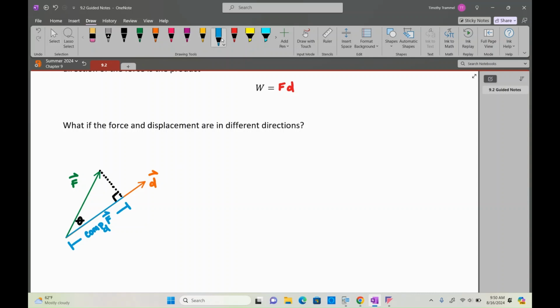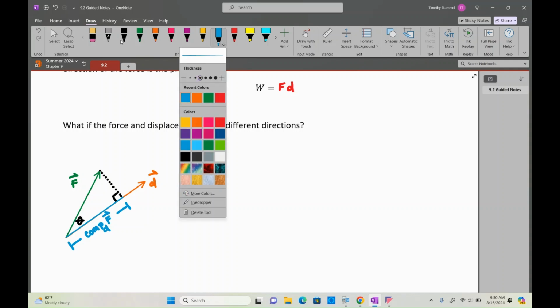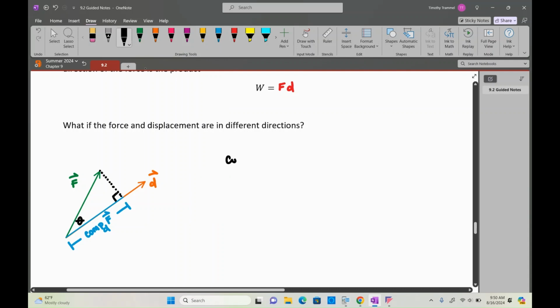Let's recall what our formula would be here. If we look at the scalar projection of F onto D, this should be equal to F dot D divided by the magnitude of the displacement vector.